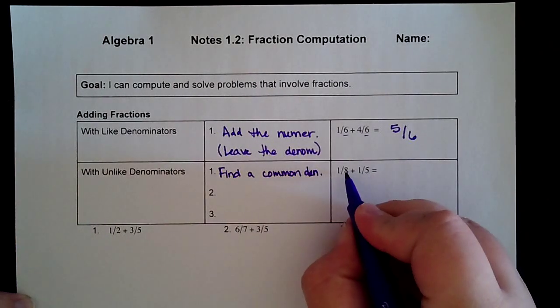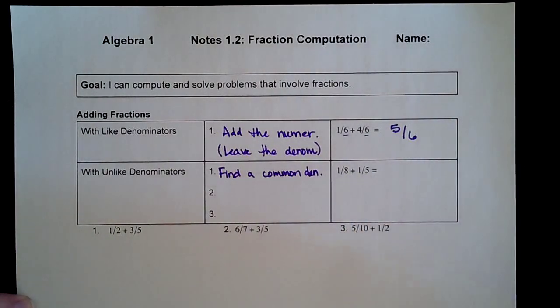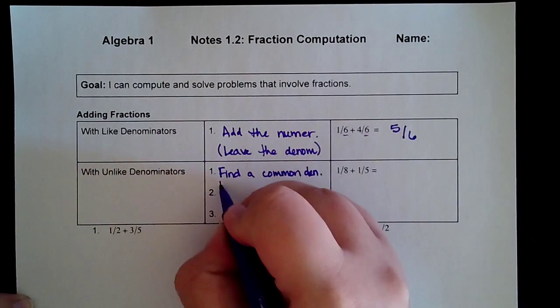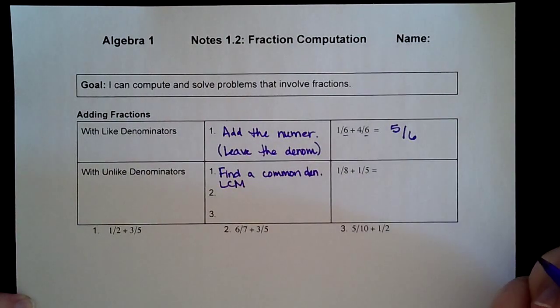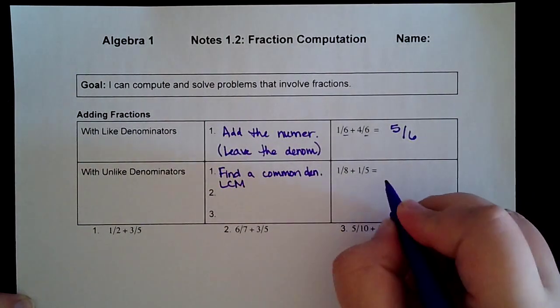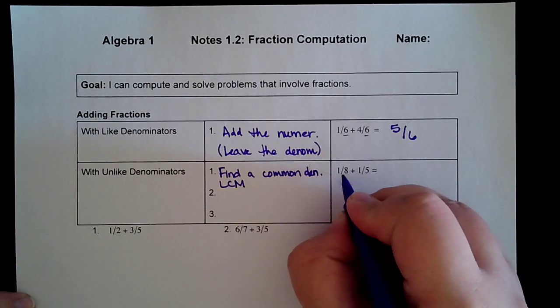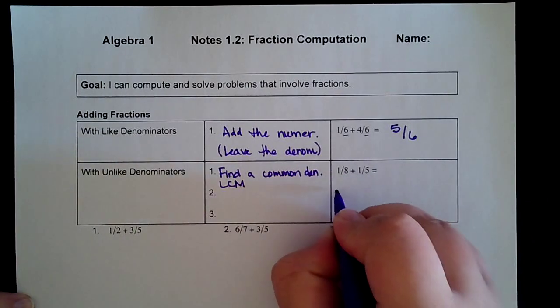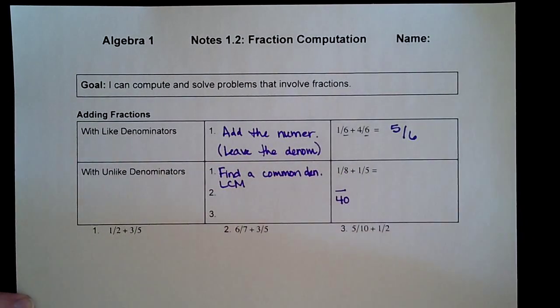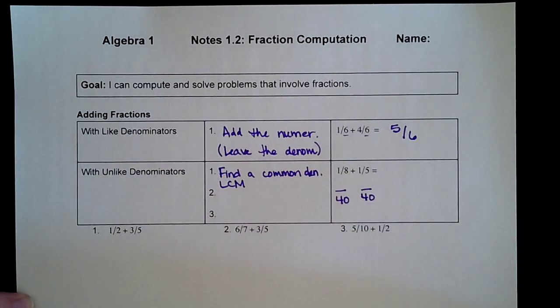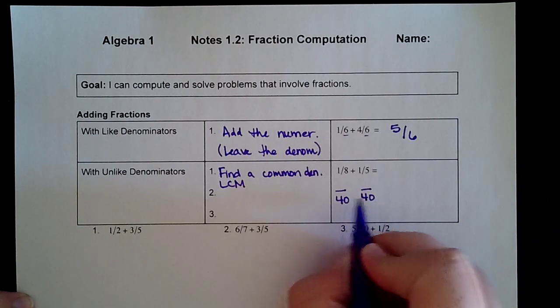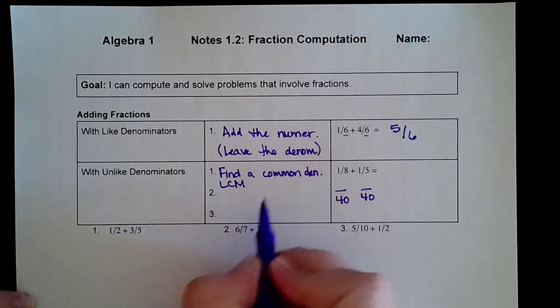So in this case, 8 and 5, the lowest common multiple of those, in my mind, is going to be 40. So I'm going to change 1/8 to have a denominator of 40, and I'm going to change 1/5 to have a denominator of 40.